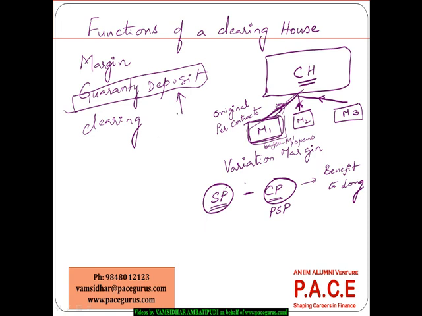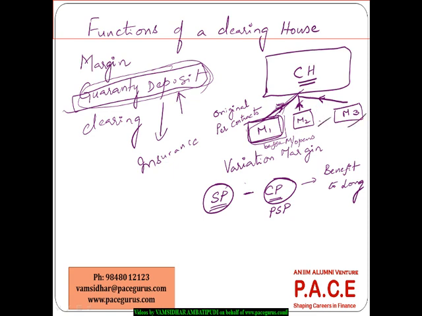But there is a guarantee deposit also. This is purely an insurance kind of concept. In case a member defaults on any of the payments, the exchange or the clearing house can use this particular fund to make the settlements to the other members.